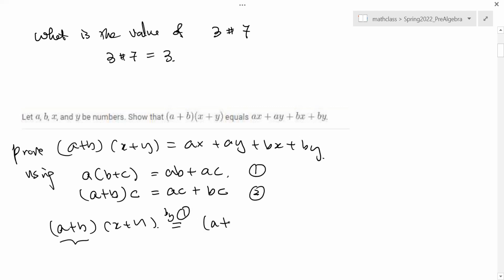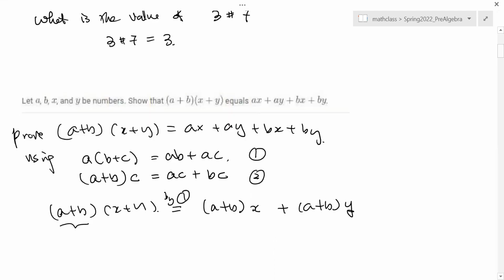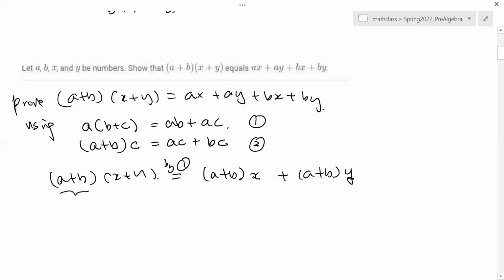It's going to be a plus b, that's only one number, times x, and here a plus b times y. Now you use the second formula. You can say by the second formula, you get ax plus bx.